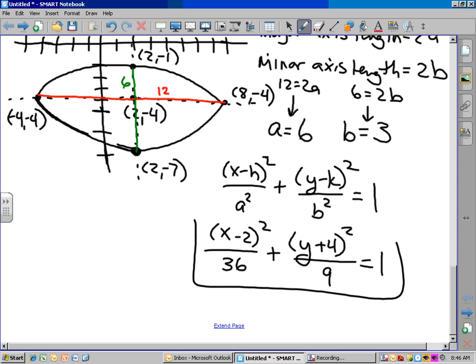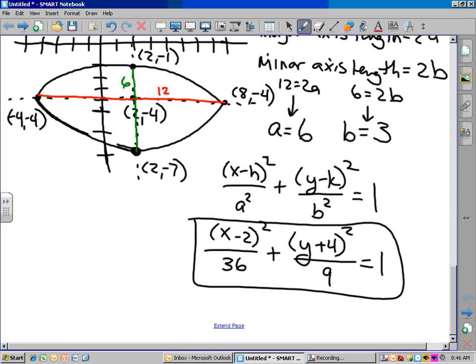There's our equation. That wasn't too bad, was it? You don't solve it. That's the equation. That's what represents all the points that we just drew, the ellipse. There's an x and there's a y.